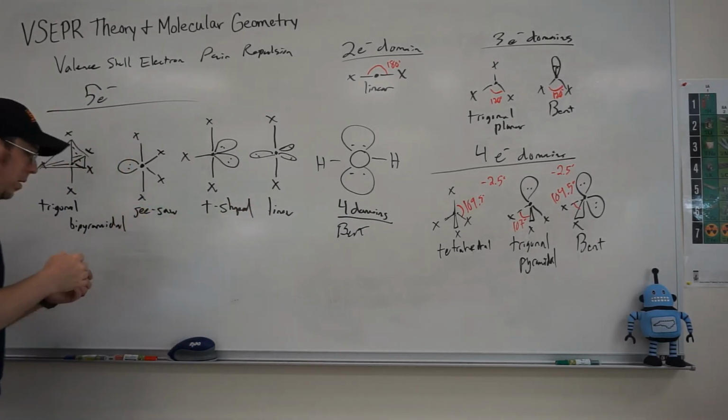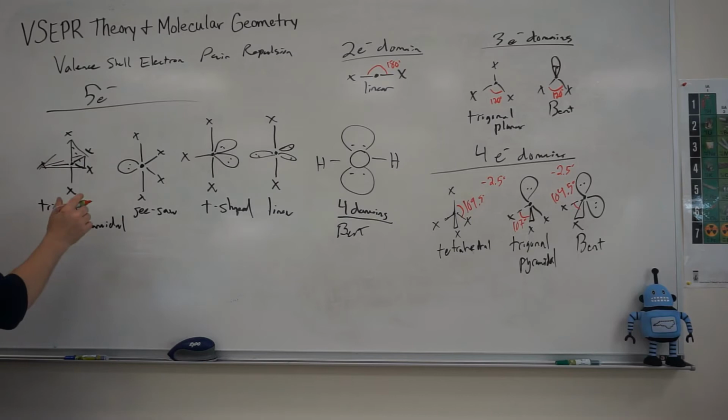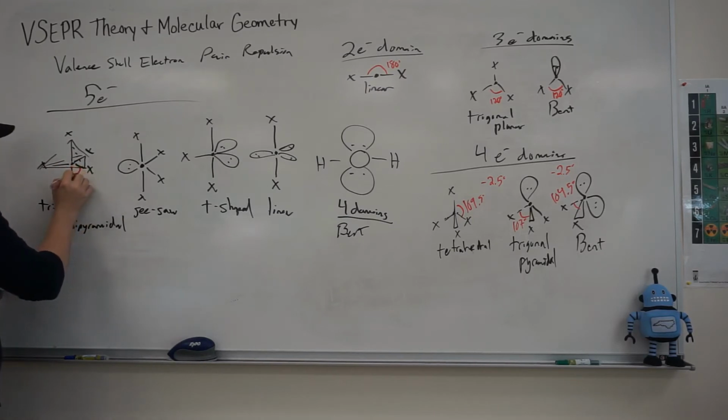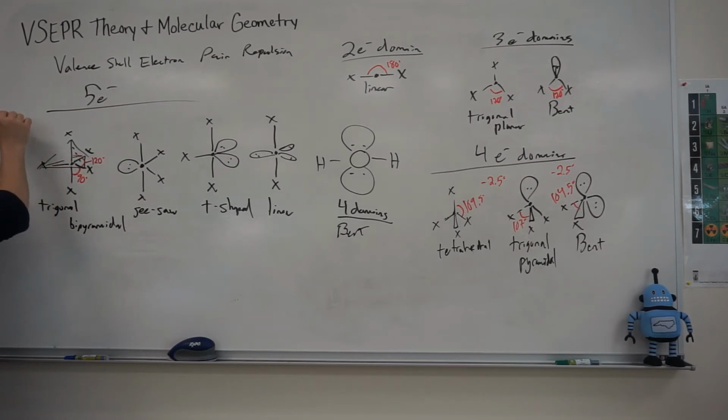What about the geometries here? These have two different bond angles. The bond angle that you see in between this one here in the bottom is 90 degrees. And then if you look at the triangle in between here, this is 120 degrees. So you've got to remember this: if I bring this out here, this is 120 degrees.